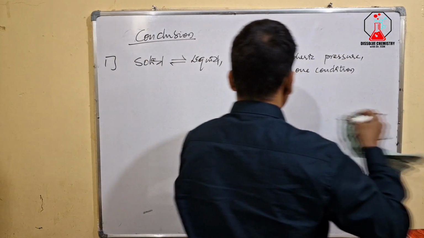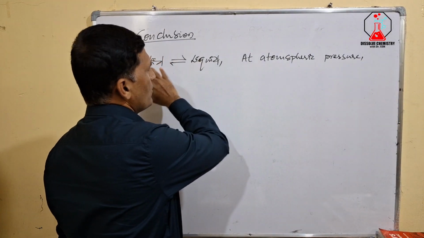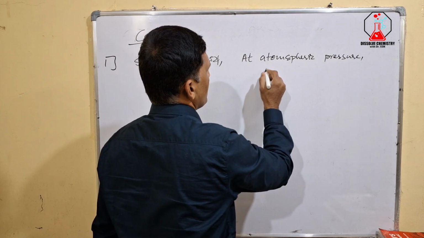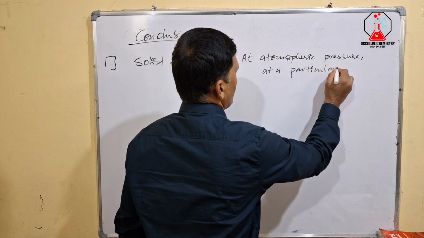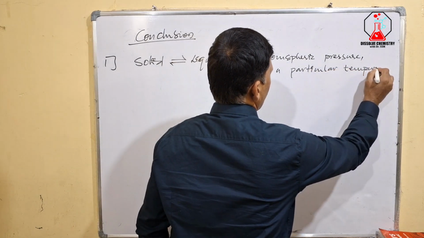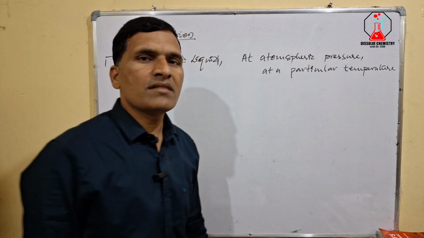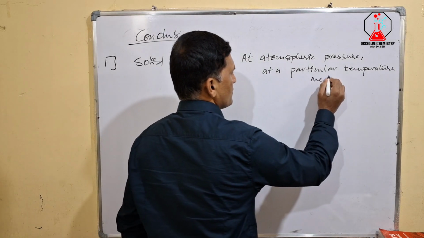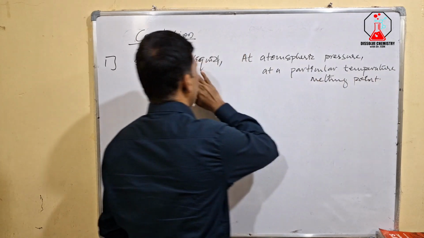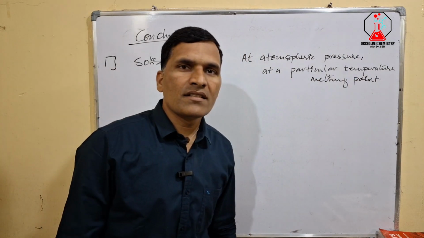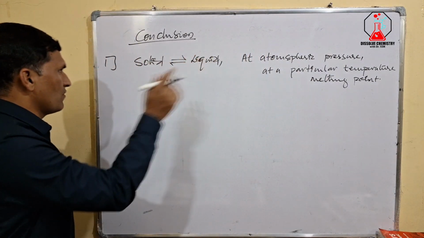At atmospheric pressure, the equilibrium between solid and liquid is established at a particular temperature. That particular temperature is known as the melting point, where both solid and liquid coexist if heat is not absorbed at that particular temperature. That is the conclusion we can draw for that.